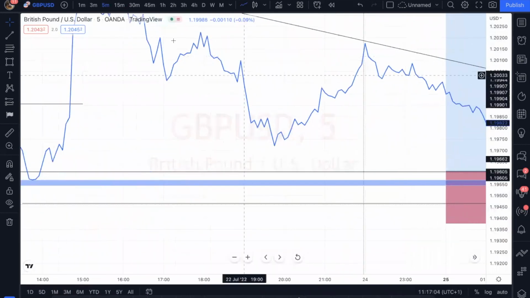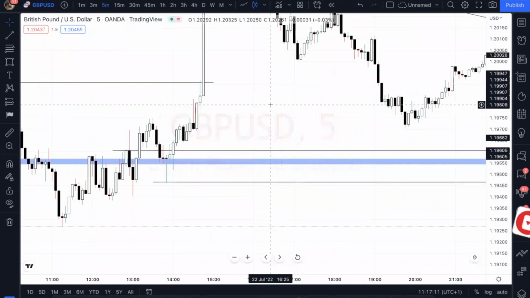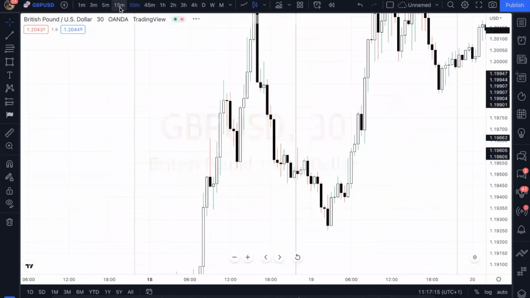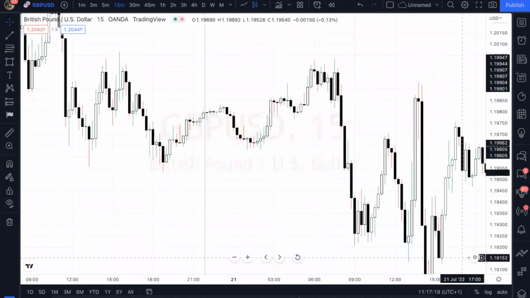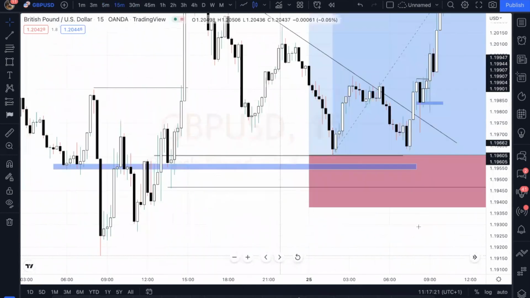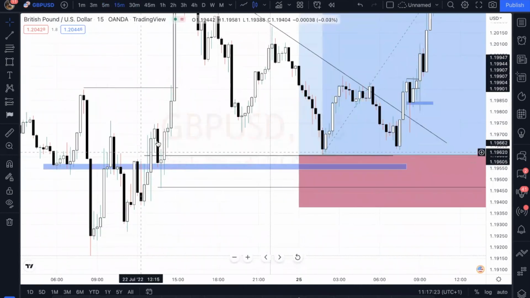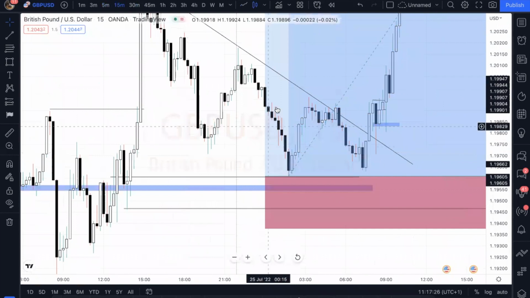So we have SNRC2 here. This SNRC2 gave us a higher time frame base, and that is where price reacted.